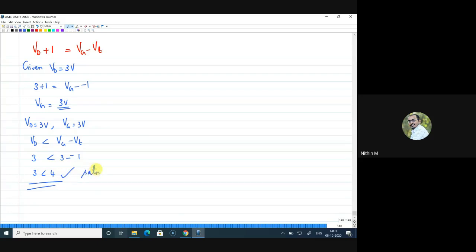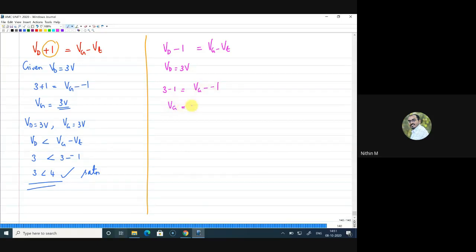So what I have done here is I have taken 1 volt from the saturation edge as VD plus 1. Why is that correct? Why is the other one not correct? Why haven't I taken it as VD minus 1 equal to VG minus VT? That will not result in the saturation condition, because when you substitute VD equal to 3, 3 minus 1 is equal to VG minus minus 1, so you will get VG as 1 volt.